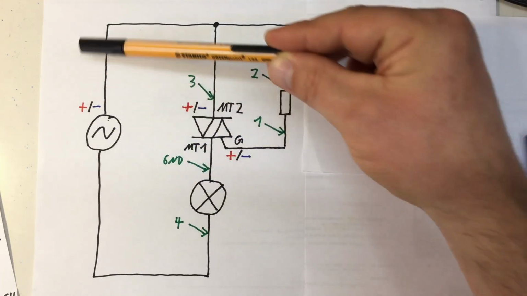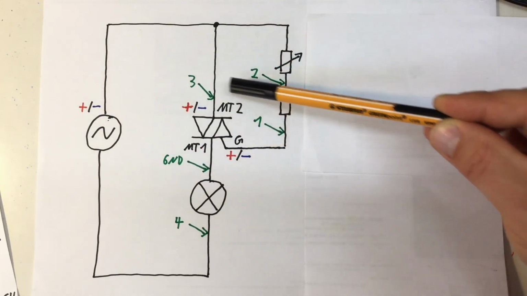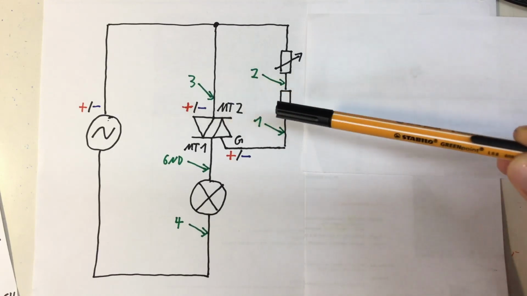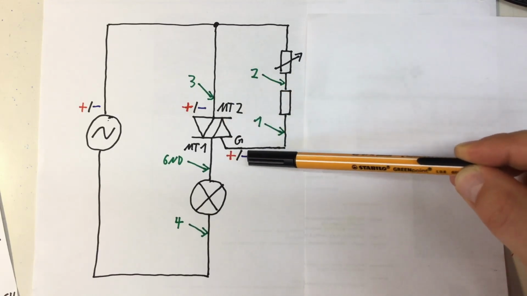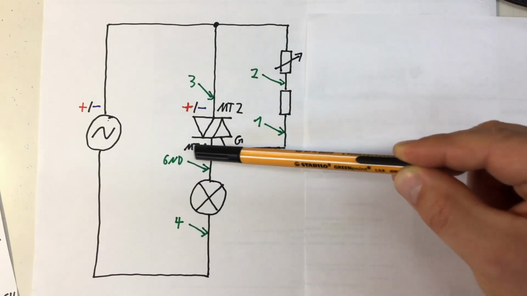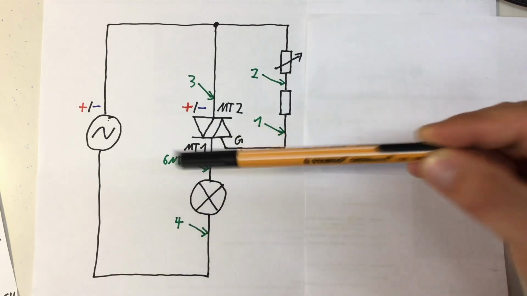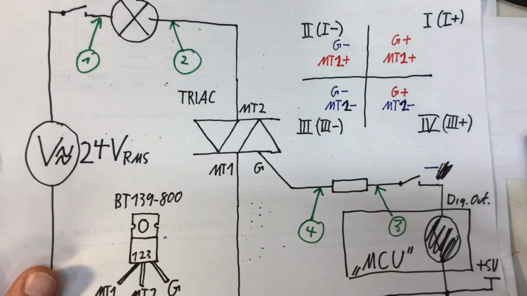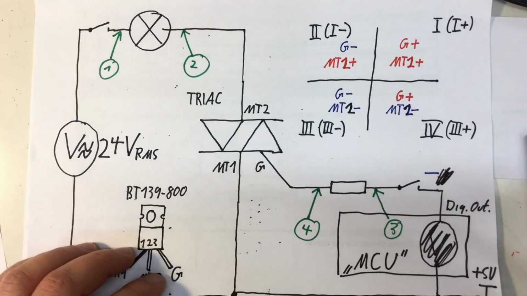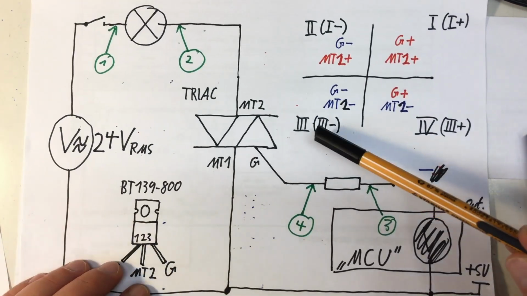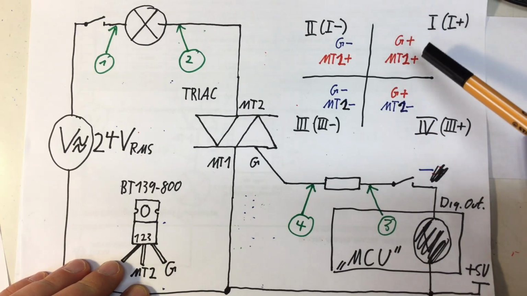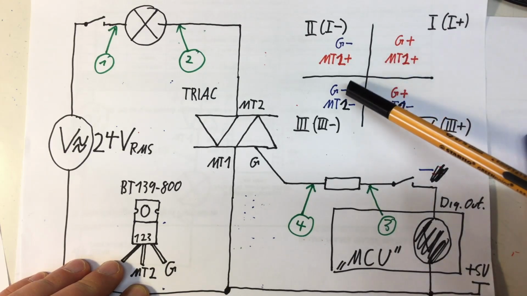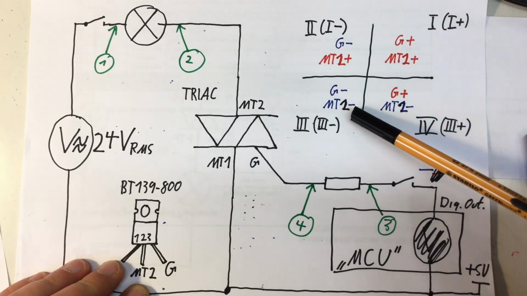If I'm in the negative half wave, my main terminal 2 is negative and my gate is negative, while main terminal 1 is positive. And I go back to the graphic from the first part. That means gate positive, main terminal 2 positive, gate negative, main terminal 2 negative.